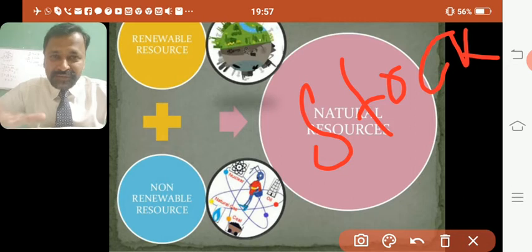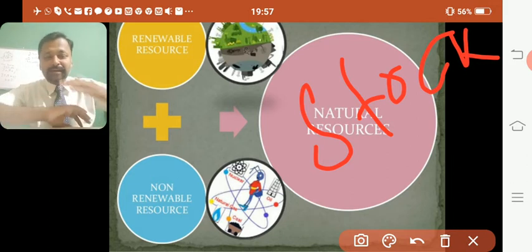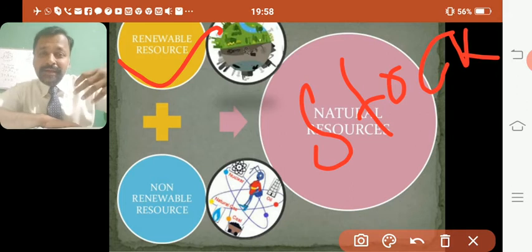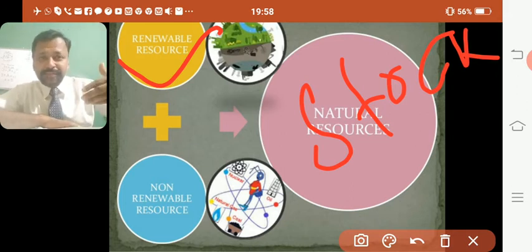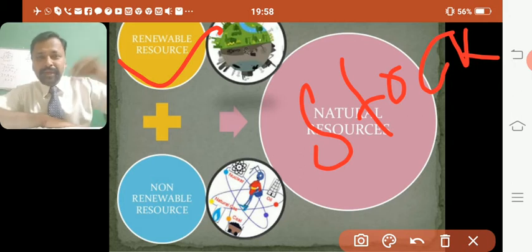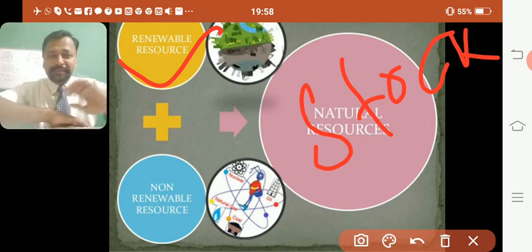It is non-renewable, like coal, iron ore, fossil fuels, natural gas. All these are examples of non-renewable. But renewable is something which can renew itself, like air and solar energy. Air means wind energy, solar energy. These are all renewable things. Today if I use sunlight, tomorrow also I will get the same amount of sunlight, right? So these are renewable and non-renewable.